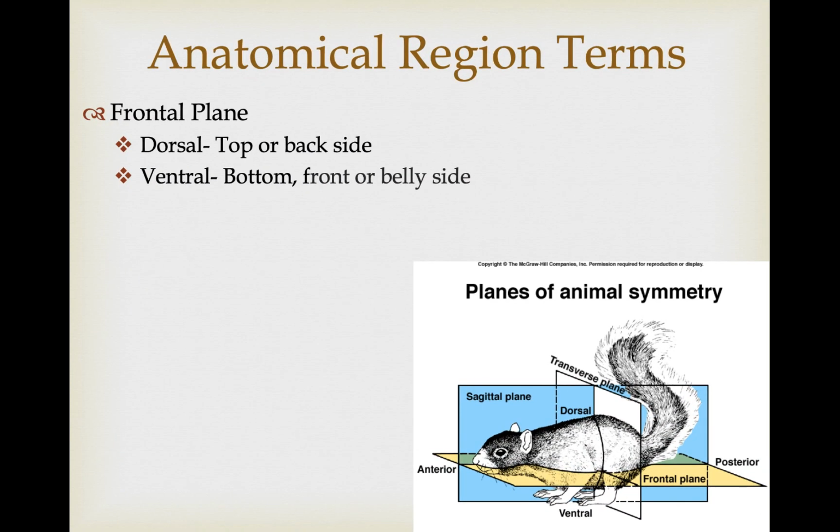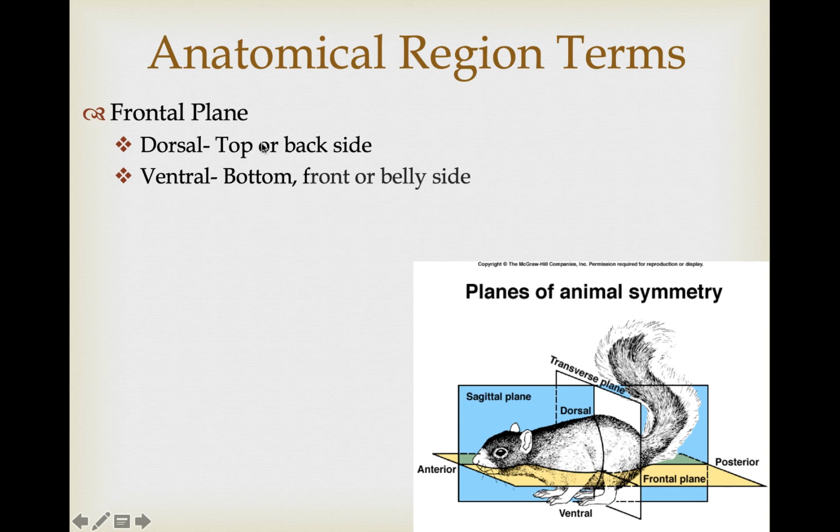Another plane we can talk about is the frontal plane. The frontal plane is this horizontal one here going through this squirrel. That's basically dividing the squirrel up into a dorsal or top, or the back side, and then a ventral or belly or bottom side.